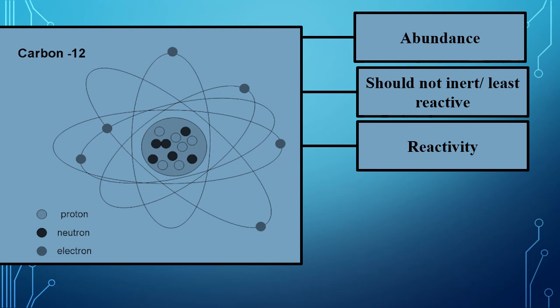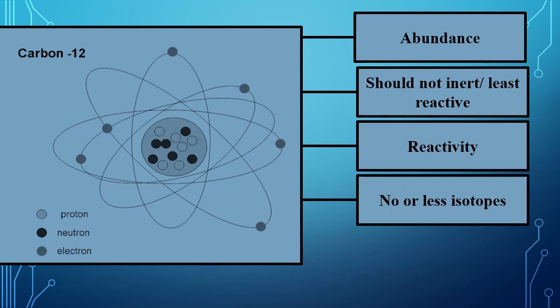Will the teacher make a student who has two or three siblings in the class the monitor? No, the teacher does not prefer to make that student class monitor, as he will never say anything to his siblings. So the fourth thing the chemist saw before selecting the element as a standard is that it should have no isotopes or fewer isotopes.